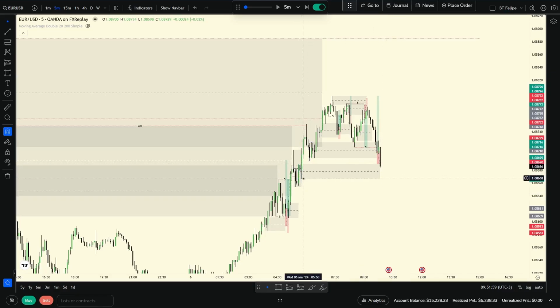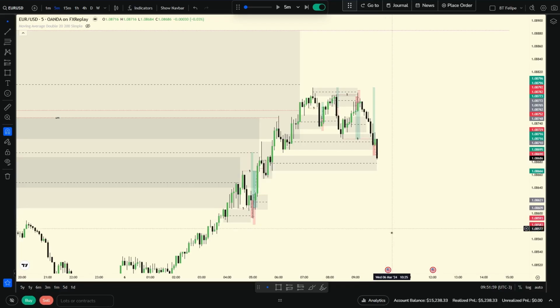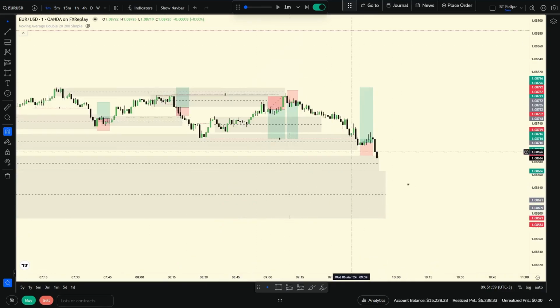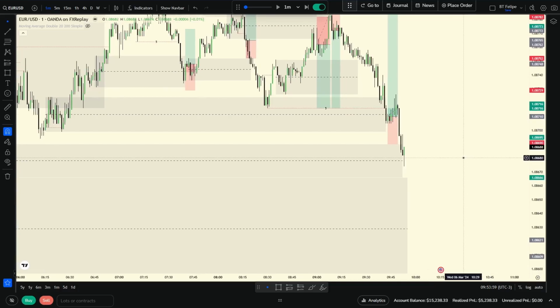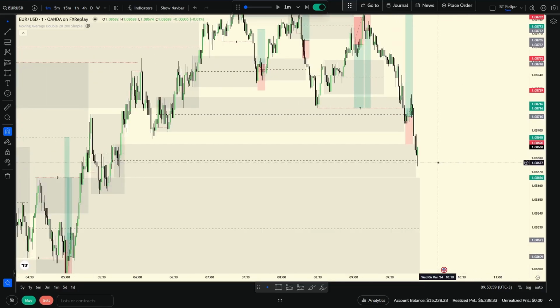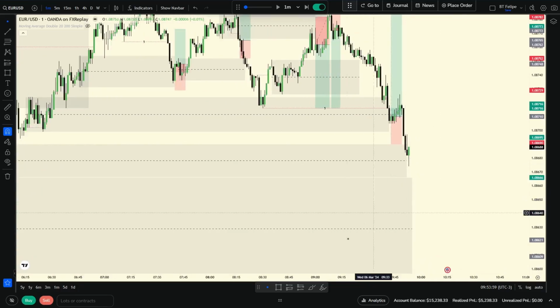This is mitigated. There's also this POI mitigated. Oh, where is it? Oh, here. Okay. Tap this POI, give a nice candle.